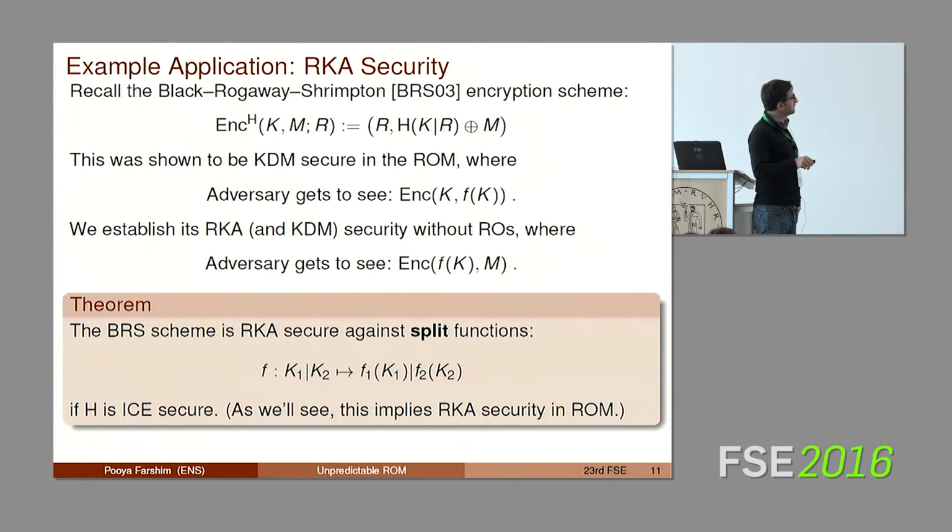So the theorem statement is that this encryption scheme is RKA secure against split functions. Split functions are functions which basically apply functions in parallel to the left and right of the keys, if this hash function H used in the encryption scheme is ICE secure. And as we'll see, this will also imply that this scheme is RKA secure in the random oracle model. So this will follow from the next theorem.